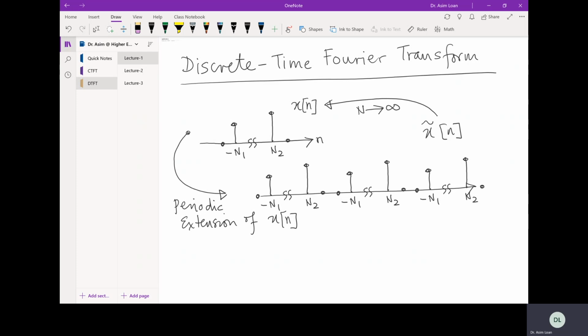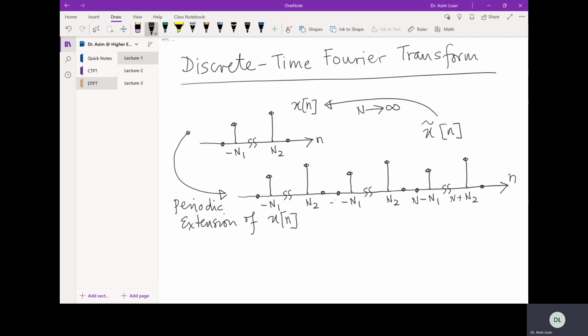Let me erase this one, and draw this one again. This is n. Okay, so there is some n over here. So this is n minus n1. This is n plus n2.